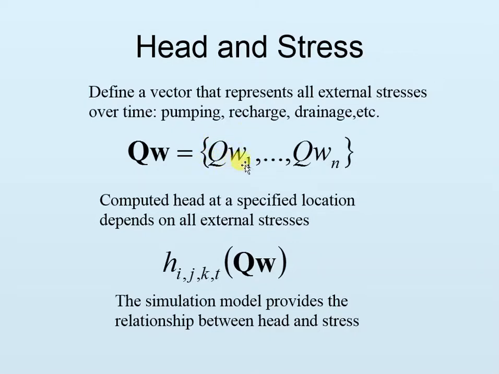And we will typically have multiple locations, so n different locations where we are applying a stress. We're going to lump that all together into a vector Q_W, which will represent all stresses. We'll be interested in computing heads at particular cell locations, at a particular i, j, k and t time location, as a function of that stress. So we'll use this notation quite a bit. Head is a function of stress, applied stress.